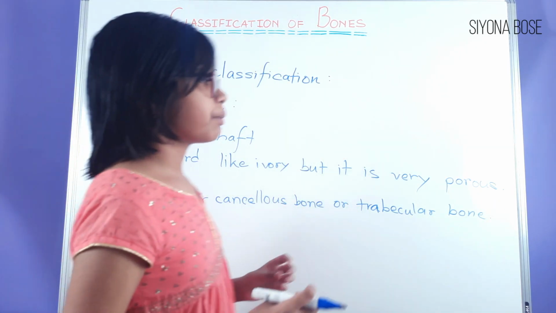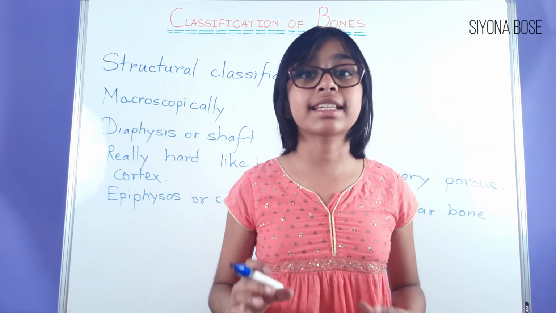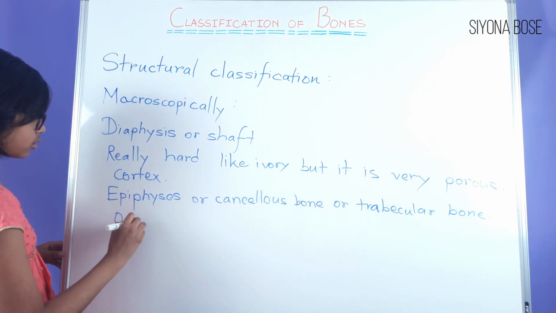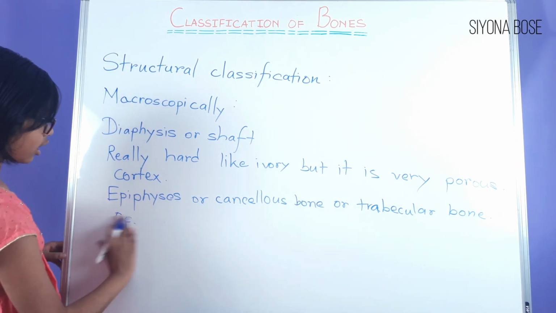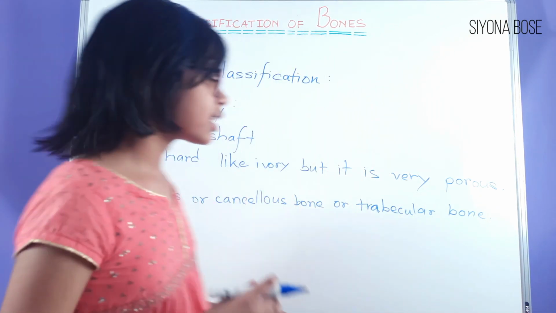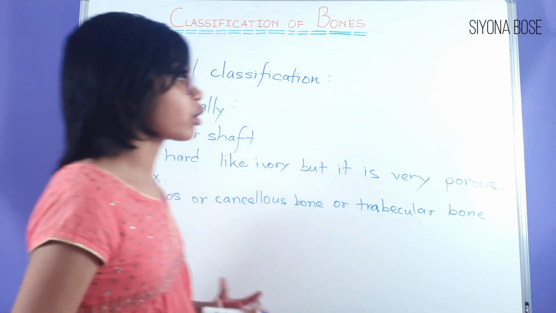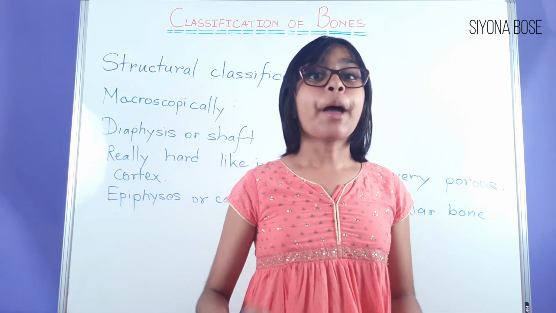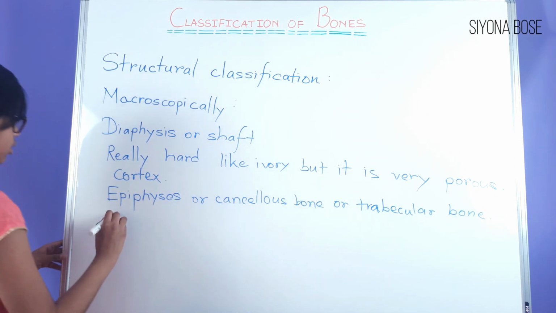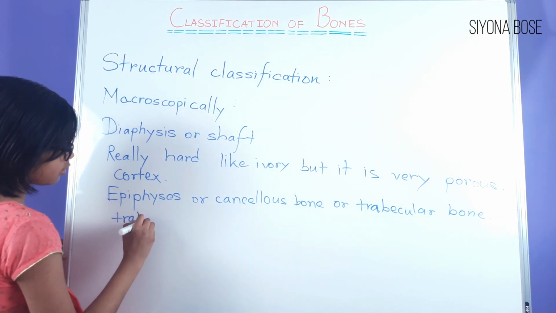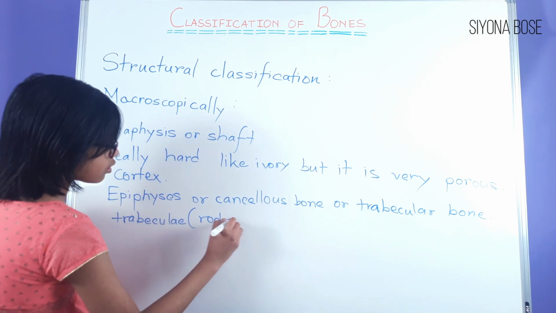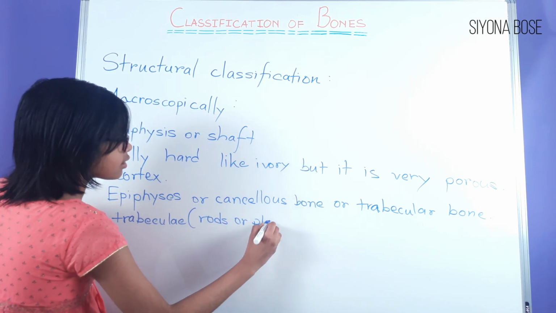It can be called trabecular bone because it's openly formed, and it has again a lot of pores. And trabeculate means meshwork of rods or plates.